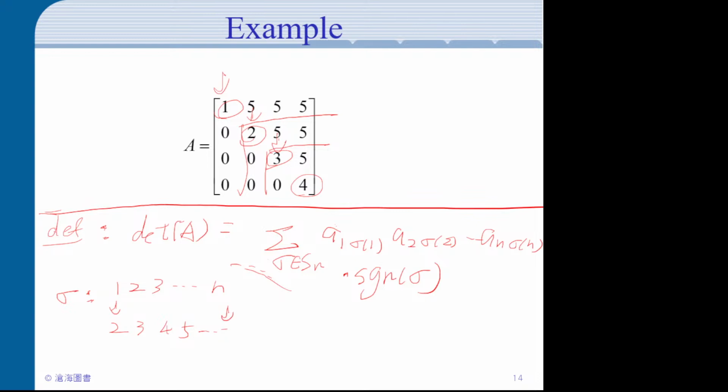So maybe let's give a better example. This is extra. An example of a permutation: maybe 1, 2, 3, 4.